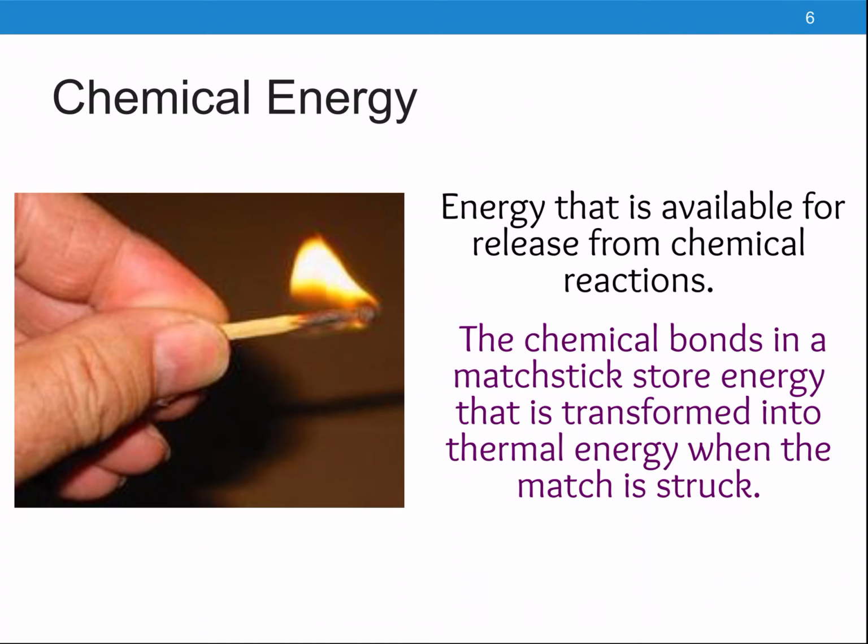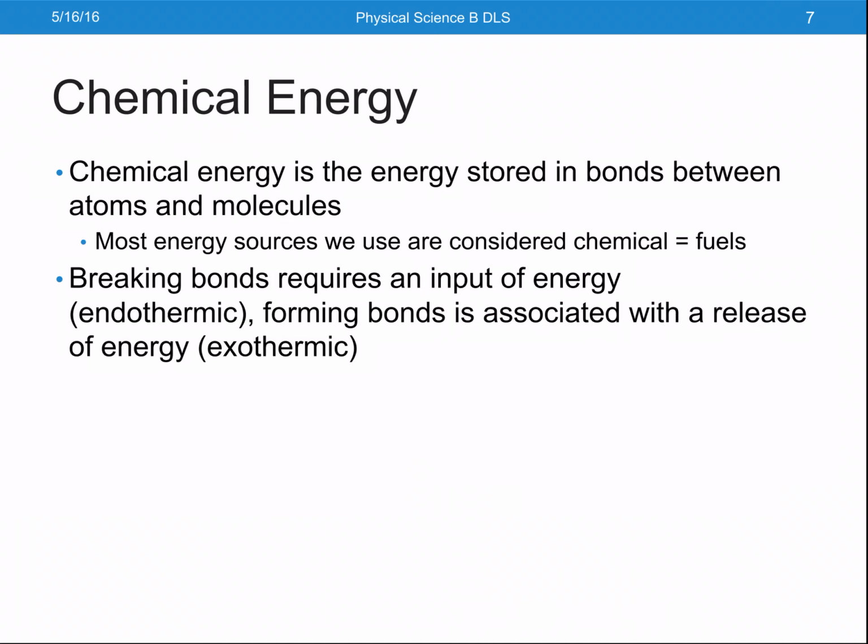But chemical energy is whenever there is a breaking and making of new bonds. Right? And that energy is stored between the bonds, and the amount of energy, it just depends on what was broken or what was made, and if it was exothermic or endothermic.